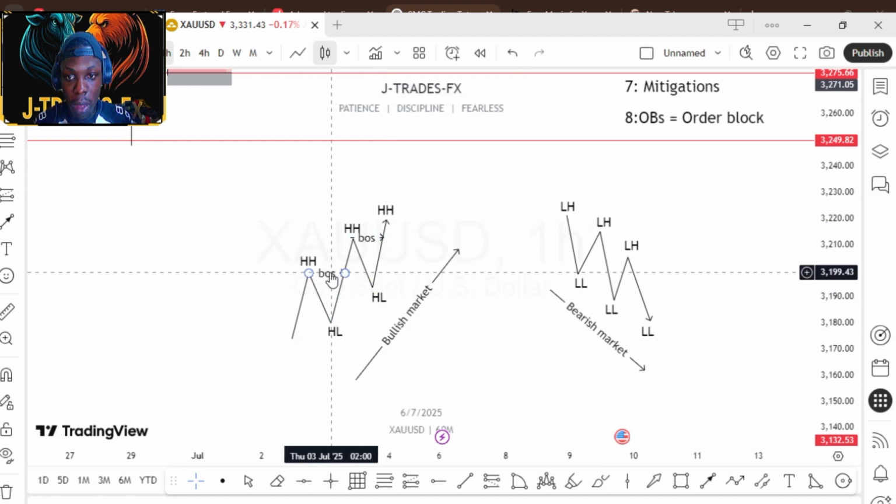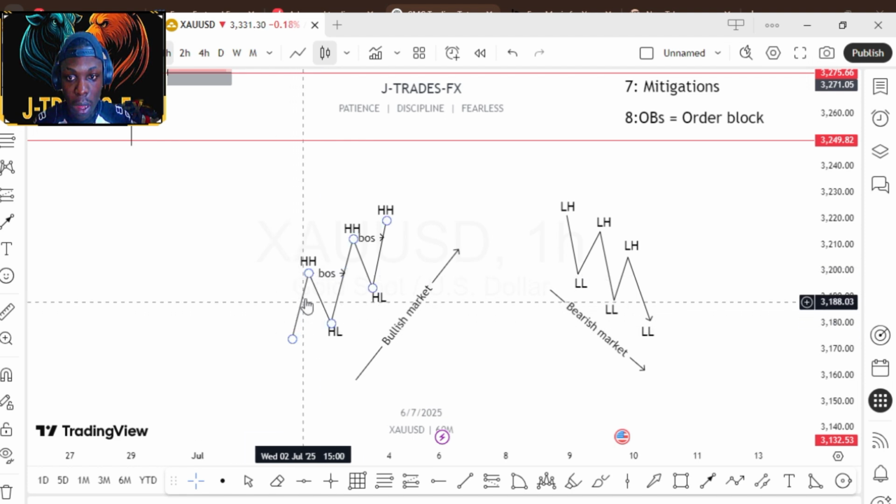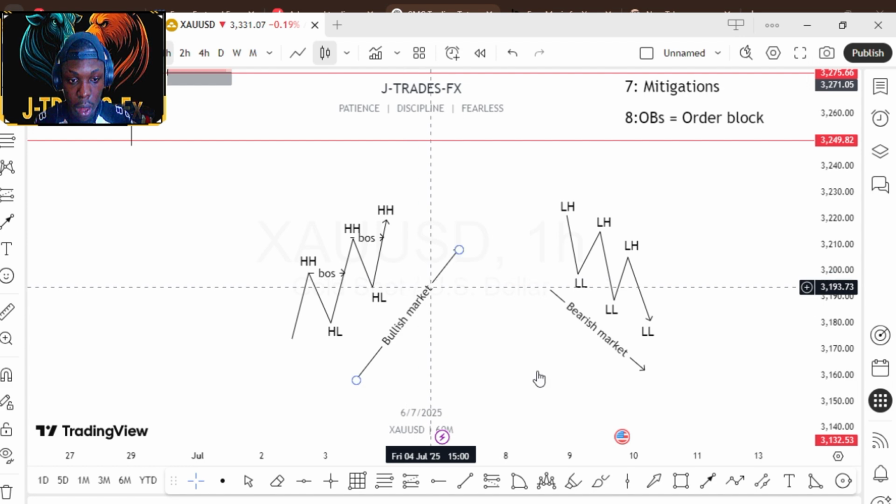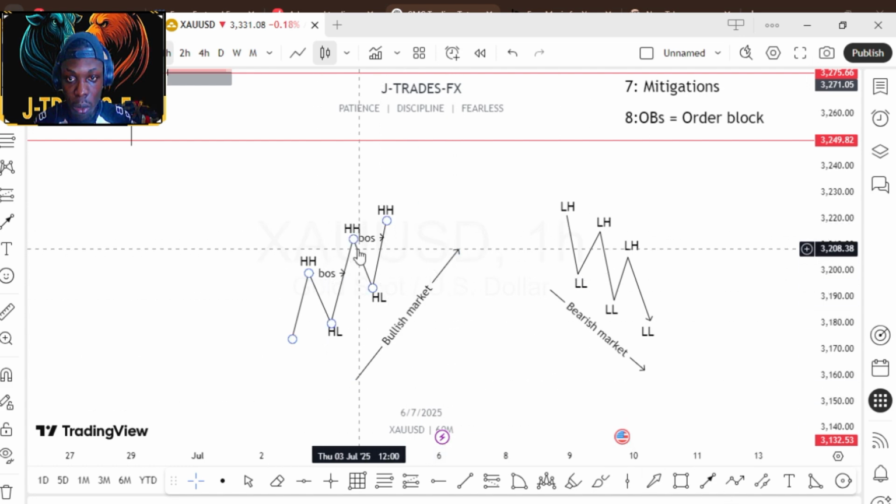You can see here the market was breaking a series of higher highs. When the market came to this point, you see there's nothing here. That's how this one was formed too.